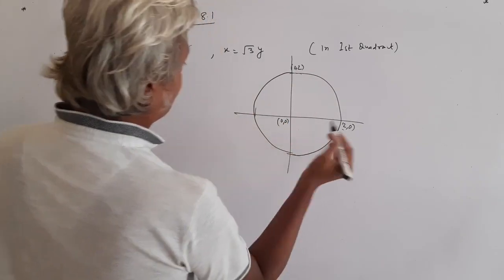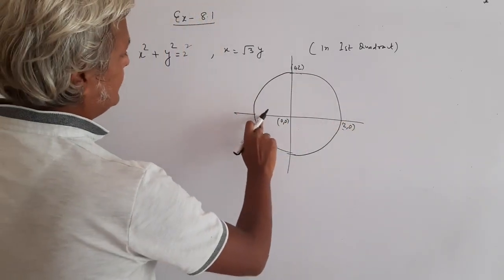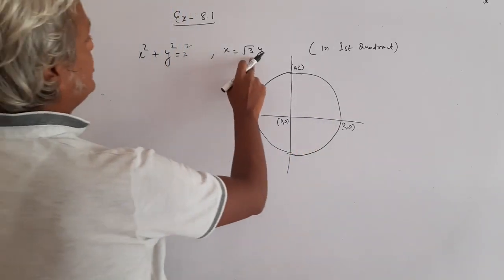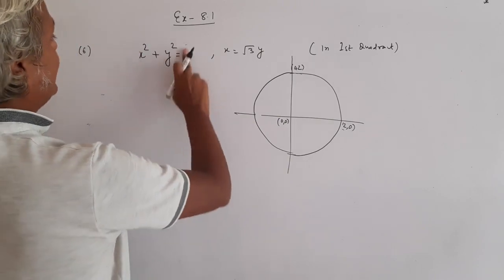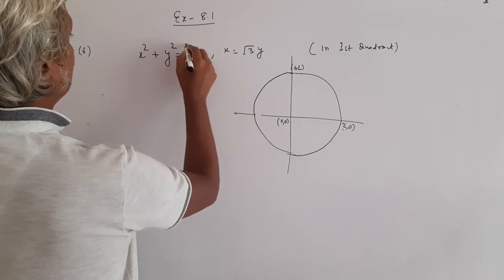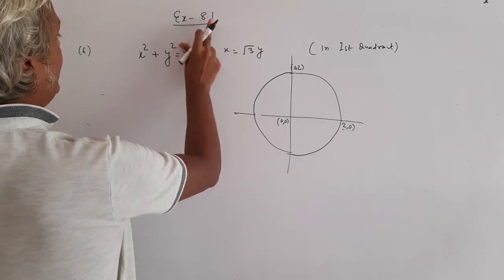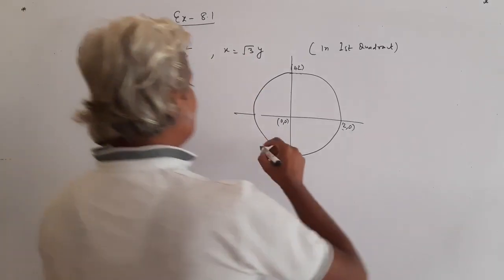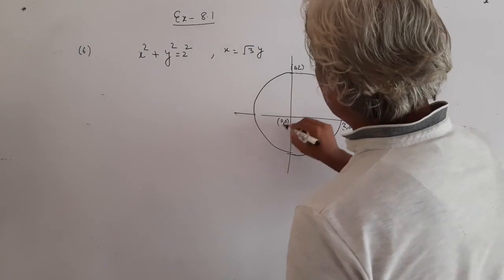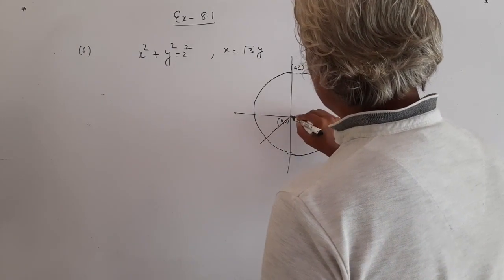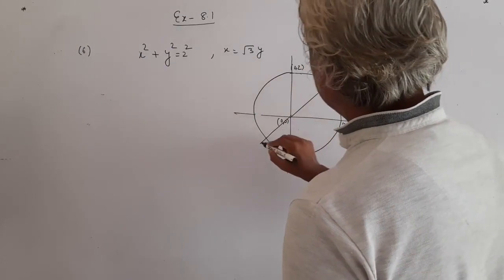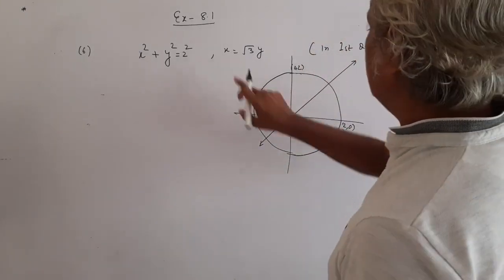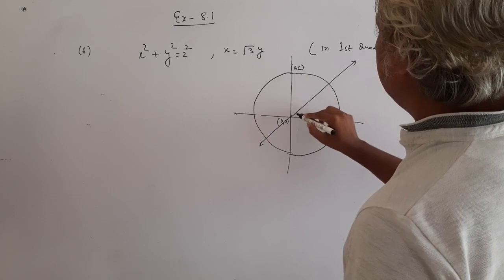We need only the first quadrant, and then x equal to root 3 y is just a straight line passing through the center 0 0 and going like this. We have to find the area between these in the first quadrant, which means this part.